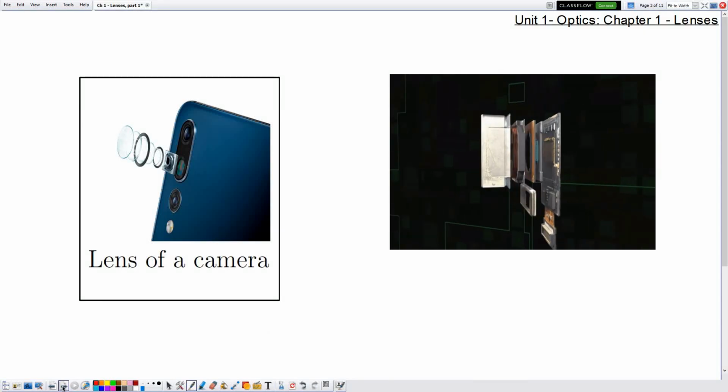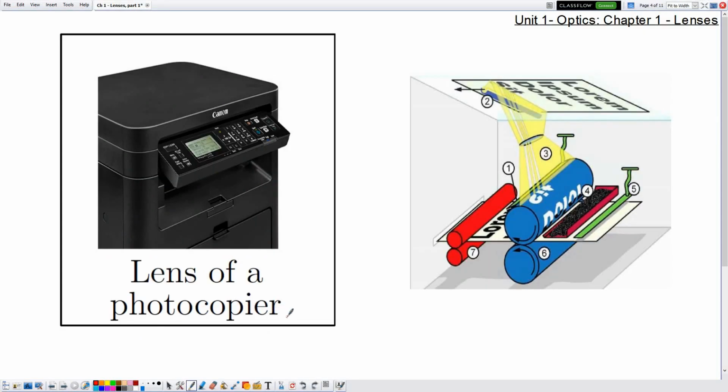Let's see another example. A lens of a photocopier. Now this example is not trivial, but indeed inside of a photocopier there is a lens which allows it to collect the image of the paper, as we can see here in this figure. This figure shows what's happening inside the photocopier.